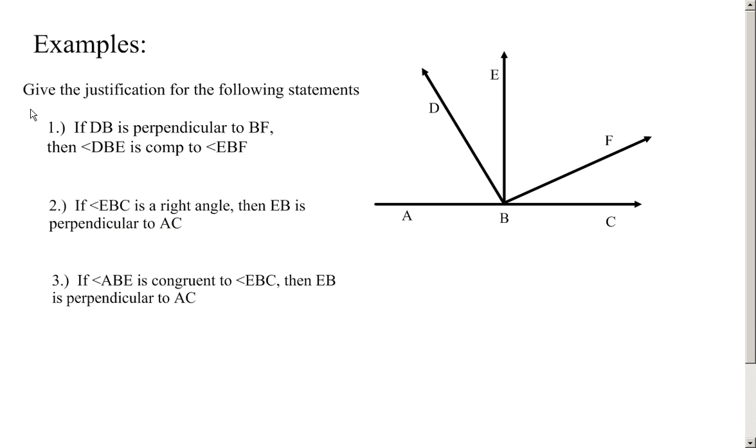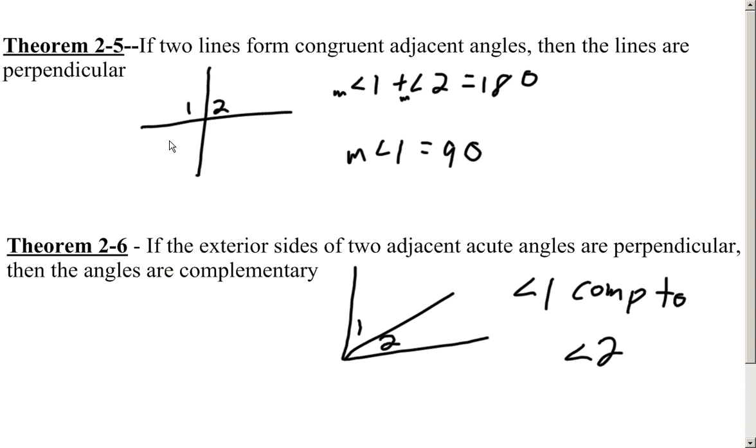Here's some examples. If it says give the justification for the following statements, number one says if DB, now this should be ray DB, is perpendicular to, or segment DB, it doesn't really matter, is perpendicular to segment BF, then angle DBE is complementary to angle EBF. What says that if we have two perpendicular lines, we have complementary angles here? Well, you might remember we had theorem 2.6 that said if the exterior sides of two adjacent acute angles are perpendicular, then they're complementary.